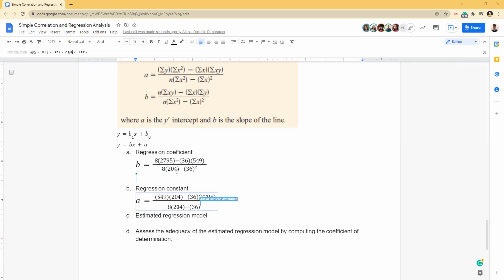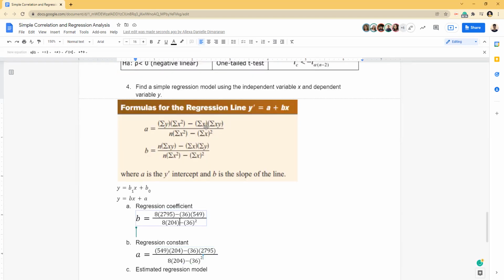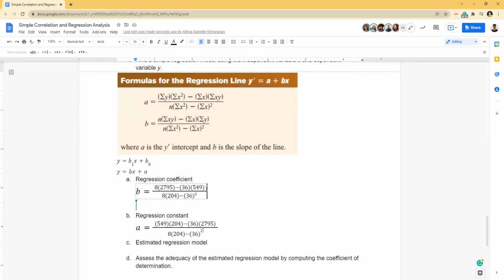Sige, so na-substitute na ni Aldea lahat ng values. Kindly please plug this on your calculator and then look for the value of B. Yun din, tapos na din si Alexa. Kung may value na kayo, type nyo lang dito, tapos let others verify.